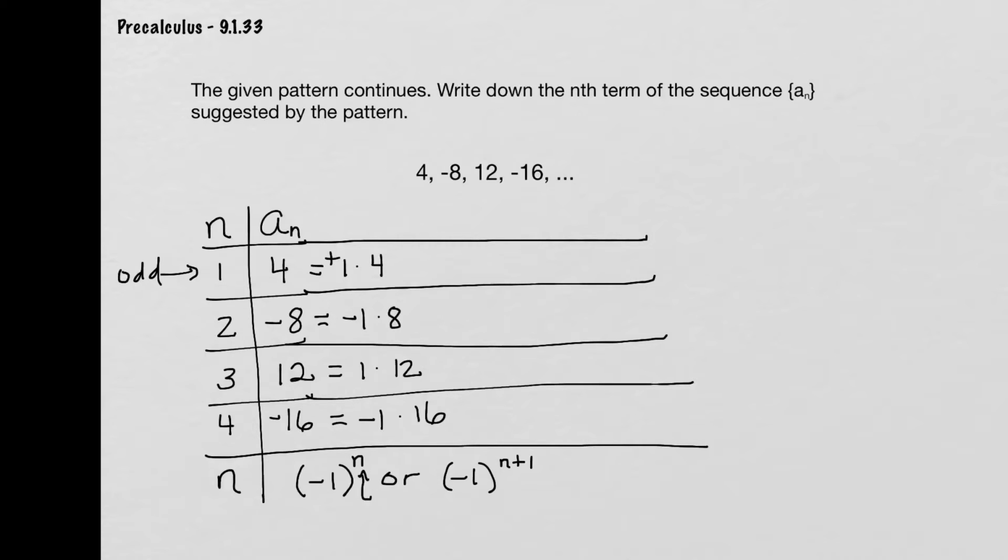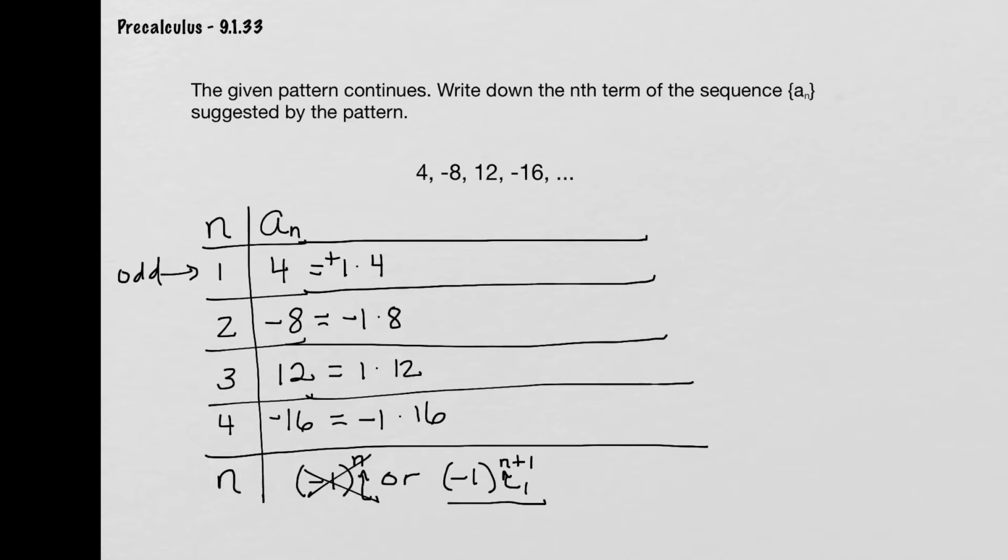Because if n were equal to 1, then I have negative 1 to the 1 power, and that gives me negative 1. That's no good. I want this one, because if I let n equal 1, then we have negative 1 to the 2 power, negative 1 squared is positive 1, so that works. And then it's always going to work alternating, because always one of these two will work.